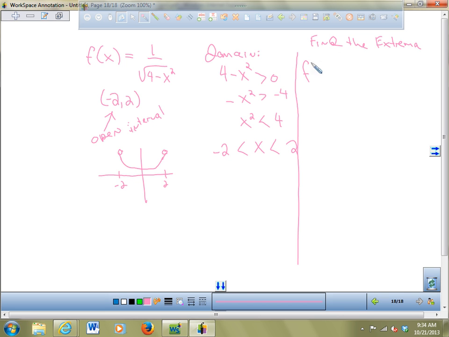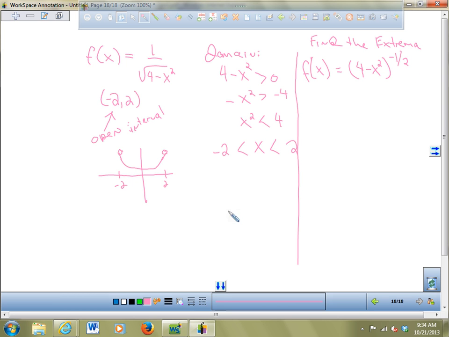So f prime of x. So what I'm going to do first is rewrite this, which you guys should do too, as 4 minus x squared raised to the -1/2, rather than try to apply the quotient rule, because that's too much work. So -1/2, thank you.